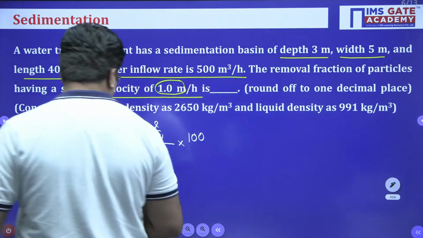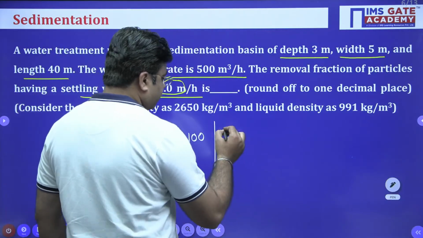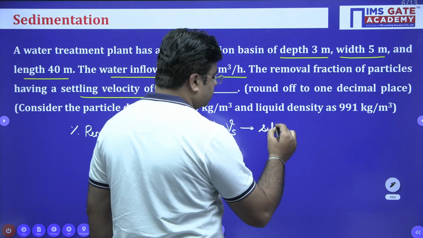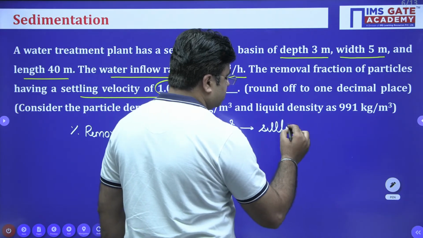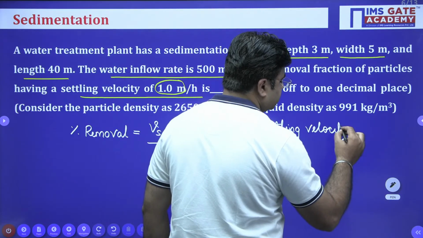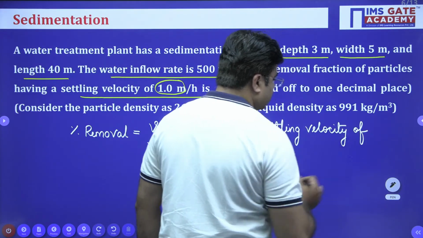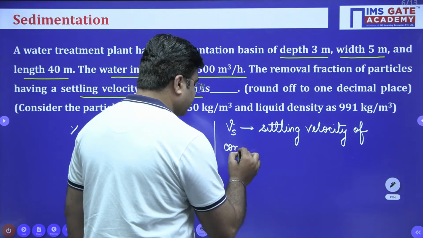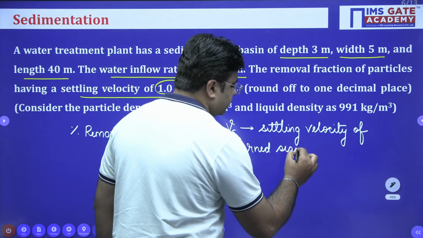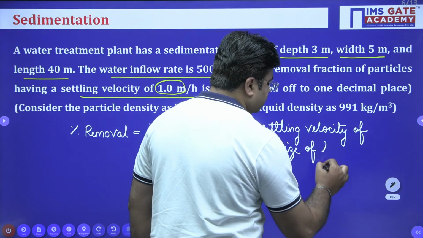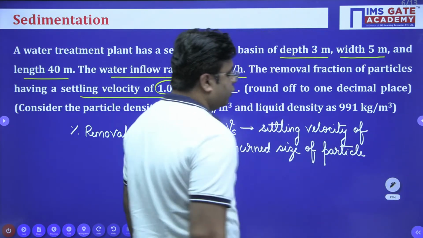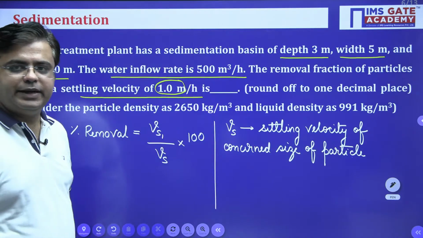So I'll just write down here. Vs is the settling velocity of the concerned size of particle for which this sedimentation tank has been designed.